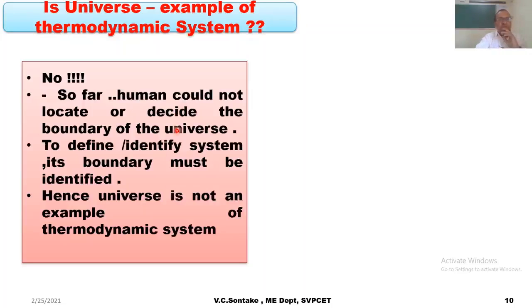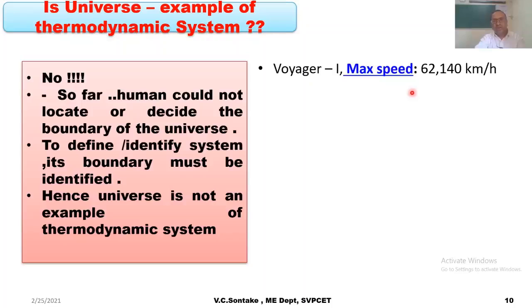Now, the reason behind why human could not locate the boundary of the universe, there is a very good example. The spacecraft Voyager 1 is moving in the outer space with the speed of 60 to 140 km per hour.